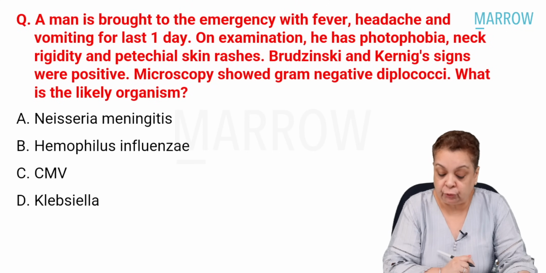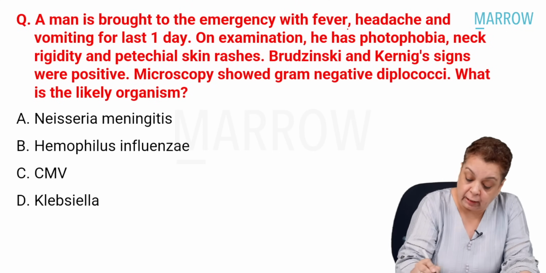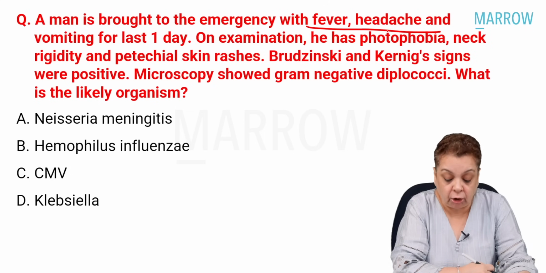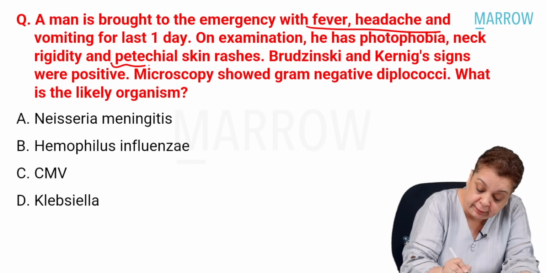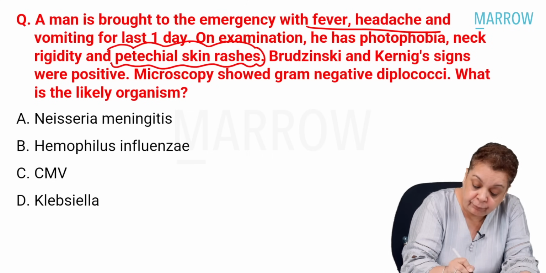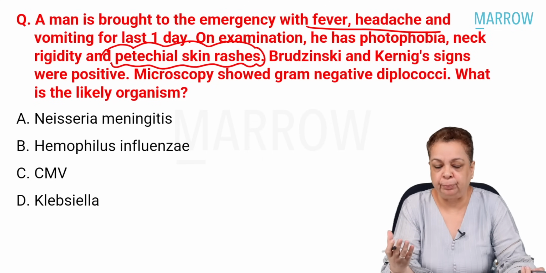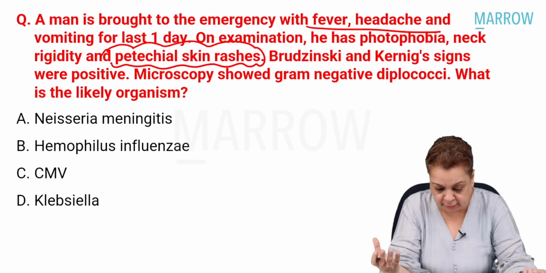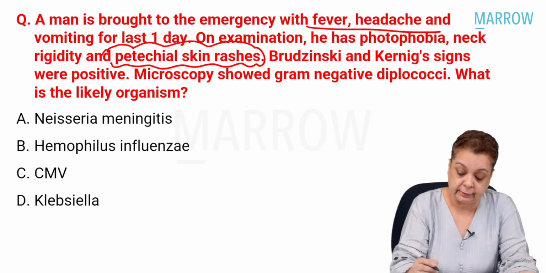A man is brought to the emergency with fever, headache, and vomiting for the last 1 day. On examination, he has photophobia, neck rigidity, and petechial skin rashes. So meningitis associated with petechial, purpuric, or ecchymotic rashes would be meningococcal meningitis.